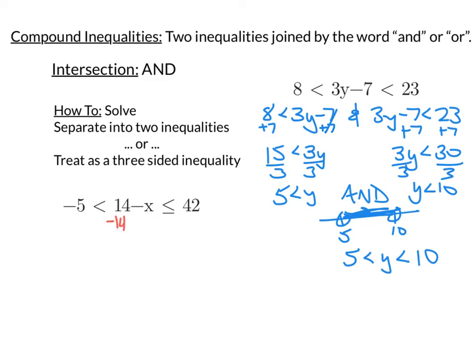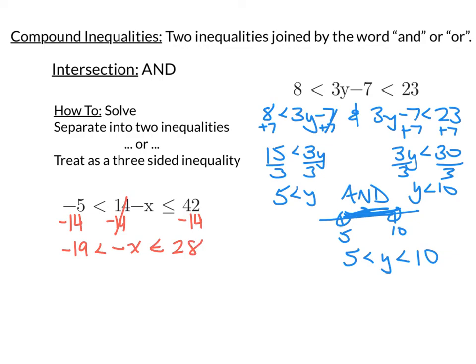So I subtract 14 to get that to cancel. And whatever I'm going to do to any one side, I have to do to all three sides. So I'm going to subtract 14 over here and subtract 14 over here. That'll leave us with negative 19 is less than negative x, which is less than or equal to 28.